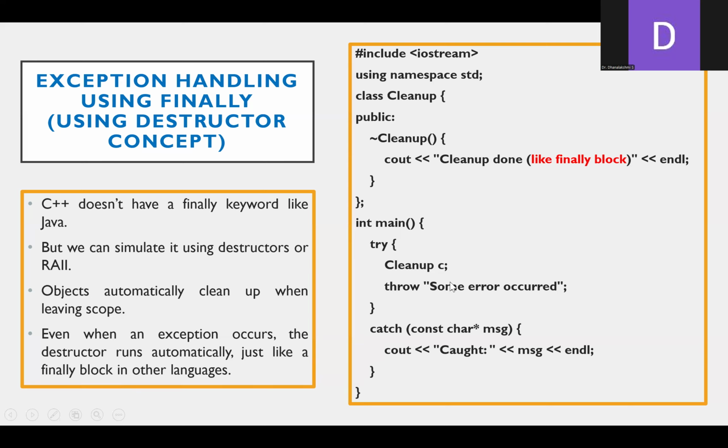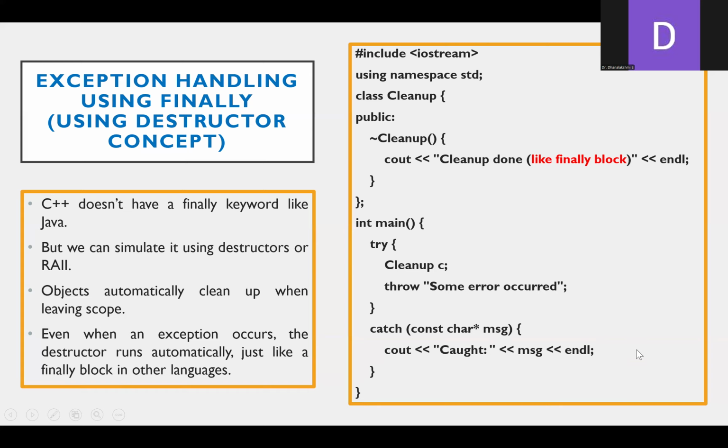Here is a small code for you to understand. Let's enter the main function. The program starts executing from the main function, and you can see that there is a try block here. In that try, you have a cleanup object and a throw. When the program enters the try block, it creates an object c of class cleanup.